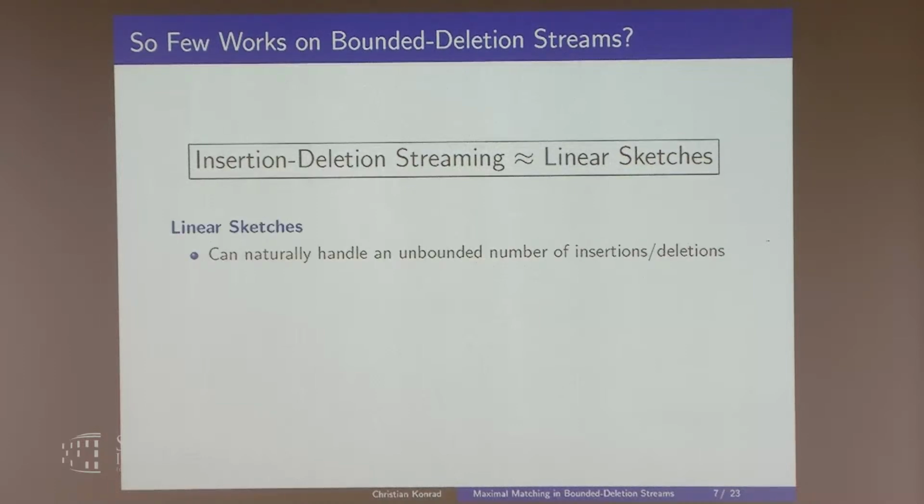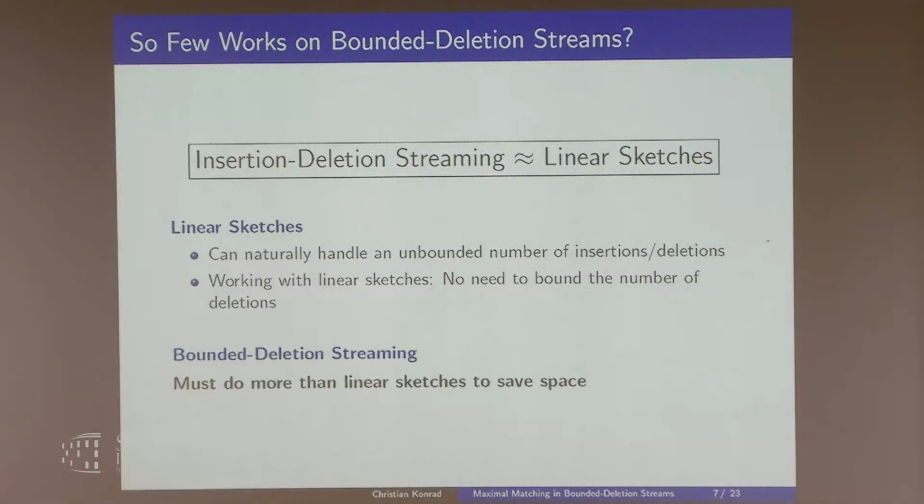They can naturally handle an unbounded number of deletions. As soon as you go to the linear sketching world, you insert and delete, you insert and delete, and none of this is a problem for linear sketches. So in some sense, once you work with linear sketches, there's just no reason to bound the number of deletions, because this is inherently covered by linear sketches.